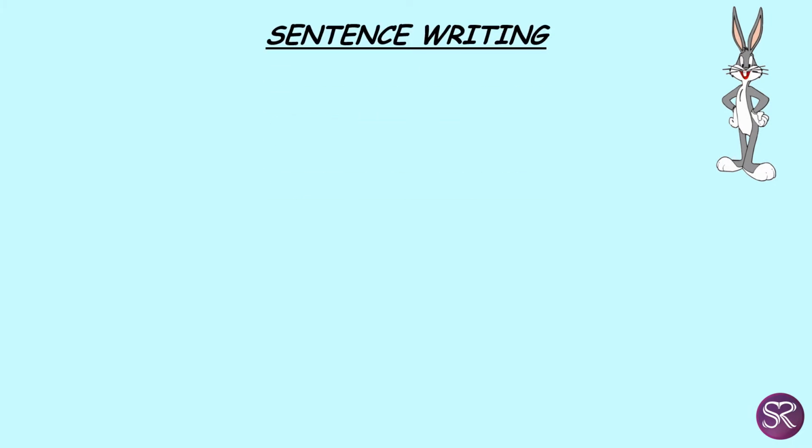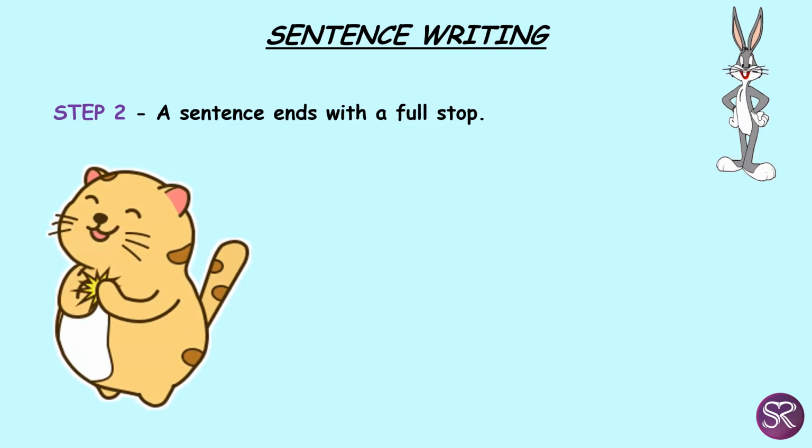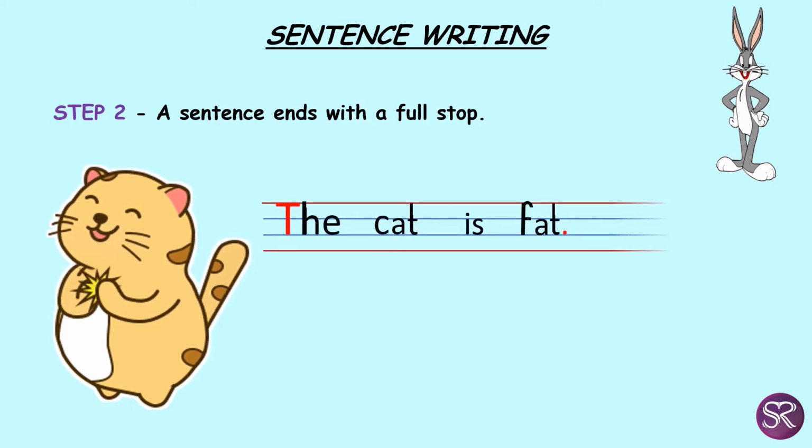Let's see the step 2. Step 2 in sentence writing. A sentence ends with a full stop. Look here, the cat is fat. Let's write the same sentence. The cat is fat.